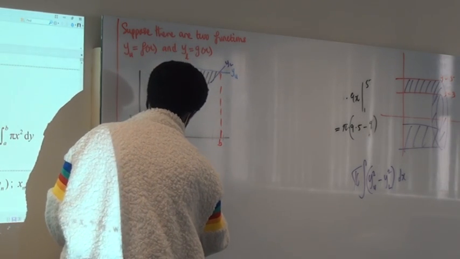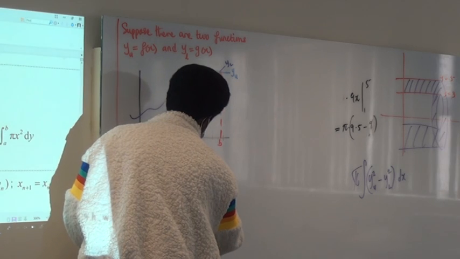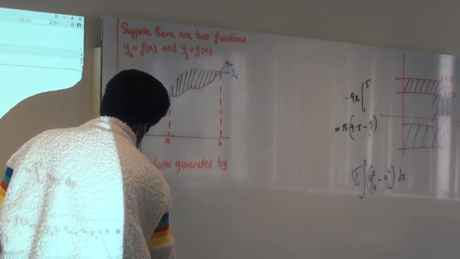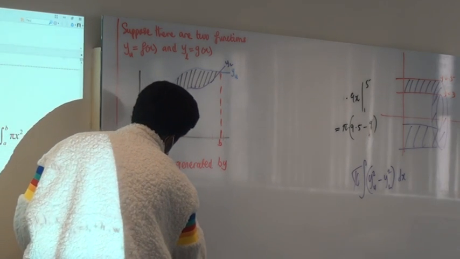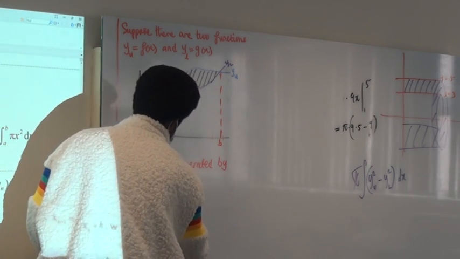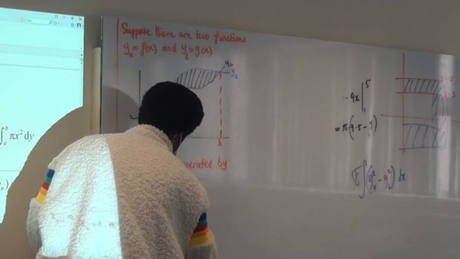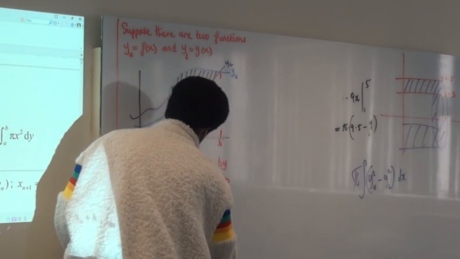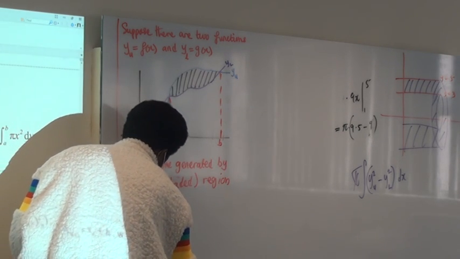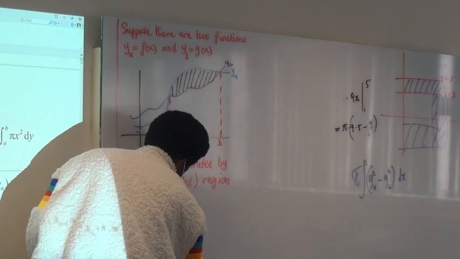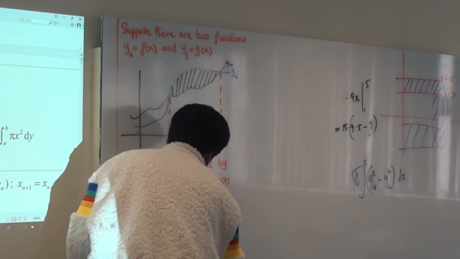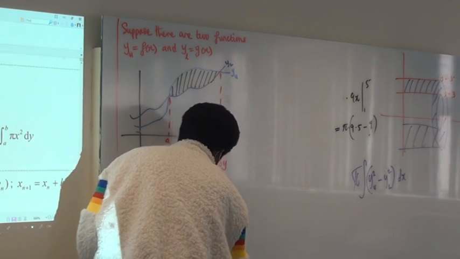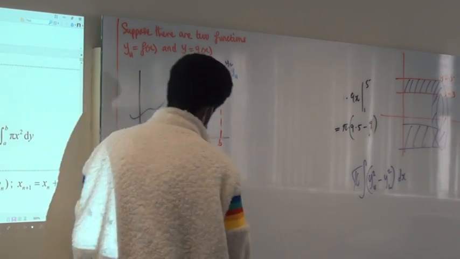The volume generated by the enclosed or the shaded region in this case is V equal to pi integral from a to b of (y upper minus y lower) squared dx.